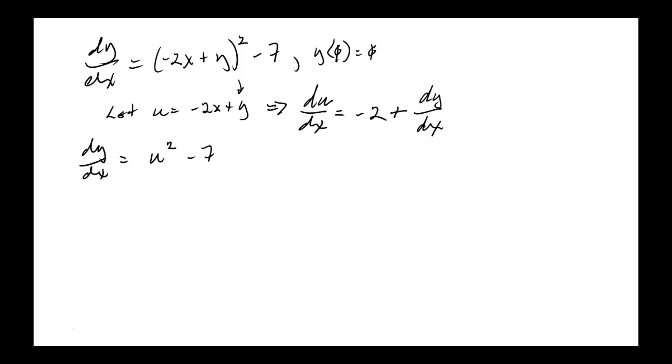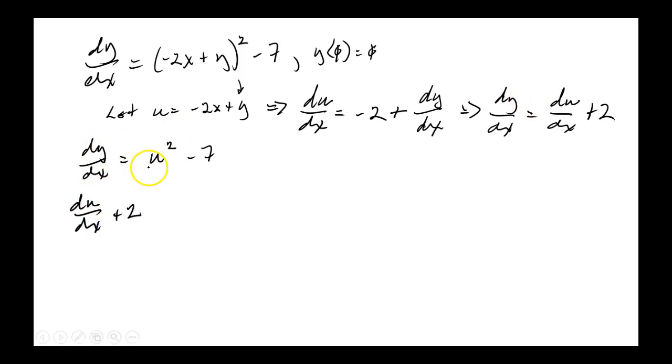So down here where we have a dy/dx, we need to put in its place du/dx plus 2. So dy/dx is equal to du/dx plus 2, is equal to u squared minus 7.